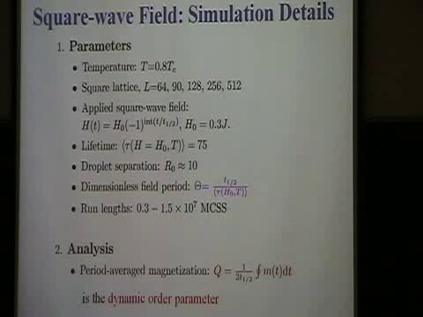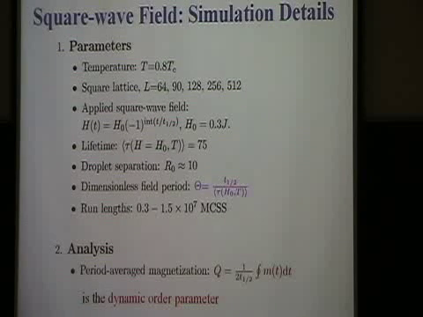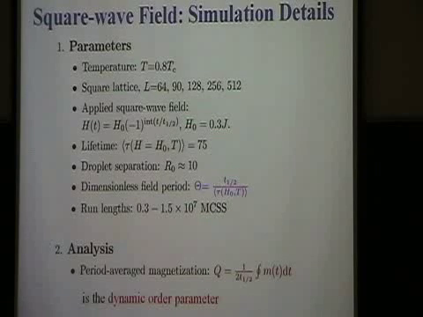Essentially for computational convenience, because if I use a continuously varying field, then I have to recompute my transition probabilities all the time, and that's very slow. When I use a square wave field, I only have two field values. I can just use two lookup tables for transition probabilities depending on which half cycle I'm in.